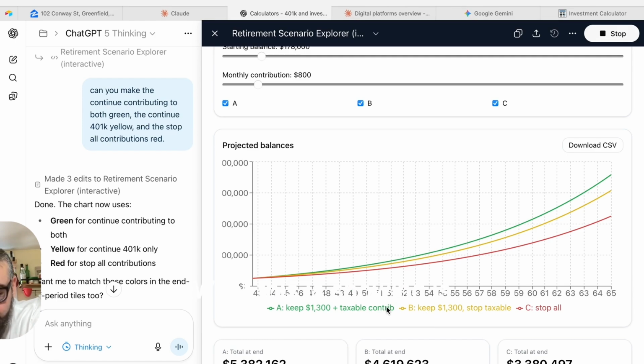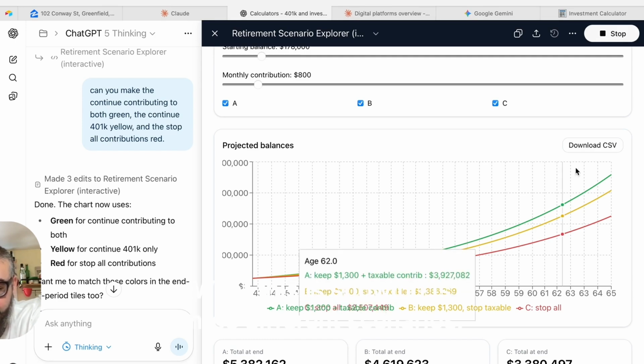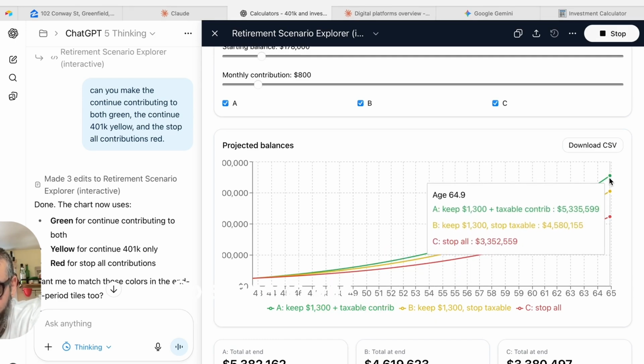What this is showing is 3 different scenarios. So scenario 1, the green bar, at 65 years old, if I keep contributing to my 401k for that whole time, and I keep contributing to my brokerage account, and I also keep making 10% returns, then I'll have about $5.3 million when I reach that retirement age of 65.